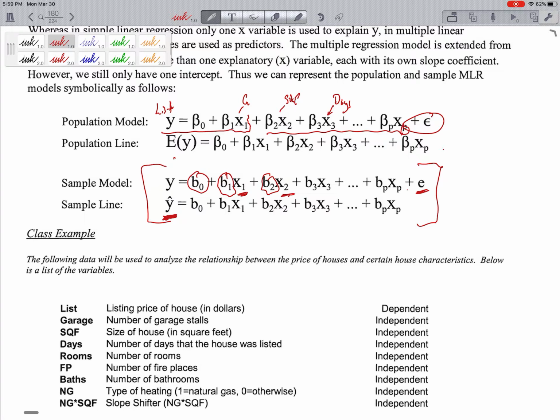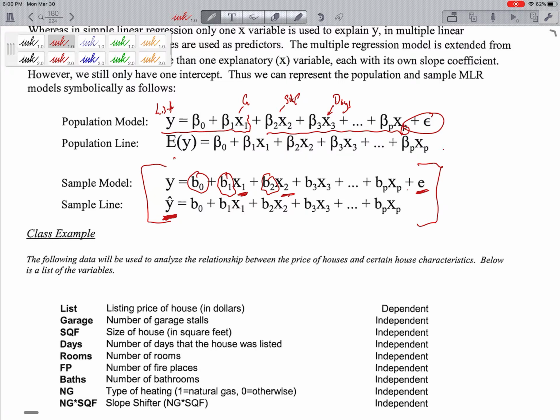Now, you're right to ask, is it really a line anymore? If you have two dimensions, an x and a y, then you have a regression line which shows the relationship between them. If you add another variable, so you've got an x1 and an x2 and then a y, then I guess you've got a regression plane in a space, and if you add another variable, it would be a regression space within a four-dimensional thing.